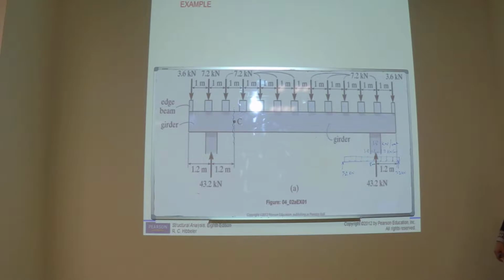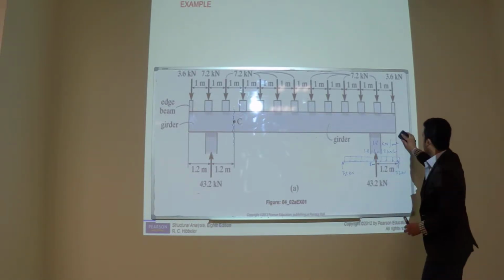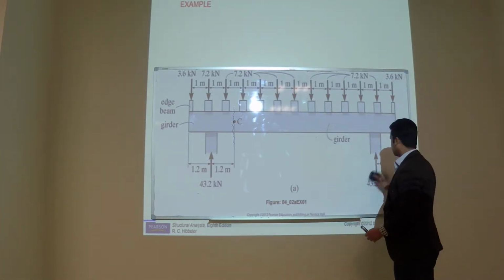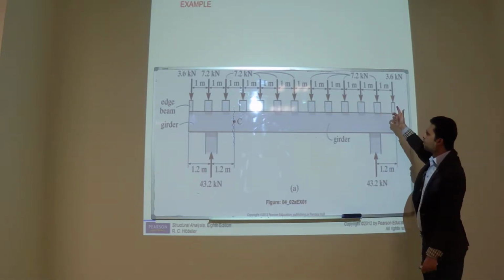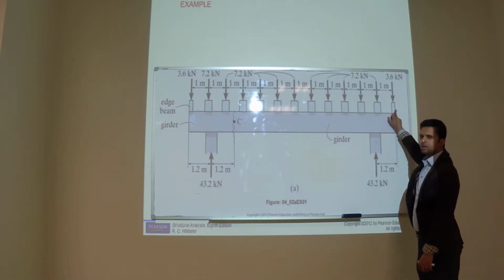First of all, we have to find the total reaction. You can count it because the beam is symmetric and the load is symmetric. So you just find the total load and divide by 2.